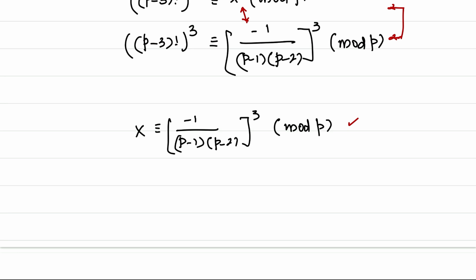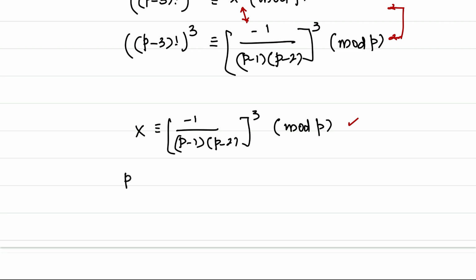The denominator is (P minus 1) into (P minus 2). From the denominator, can we write like this?